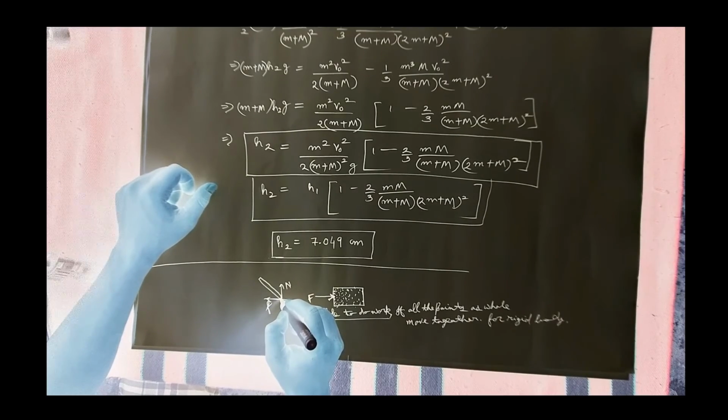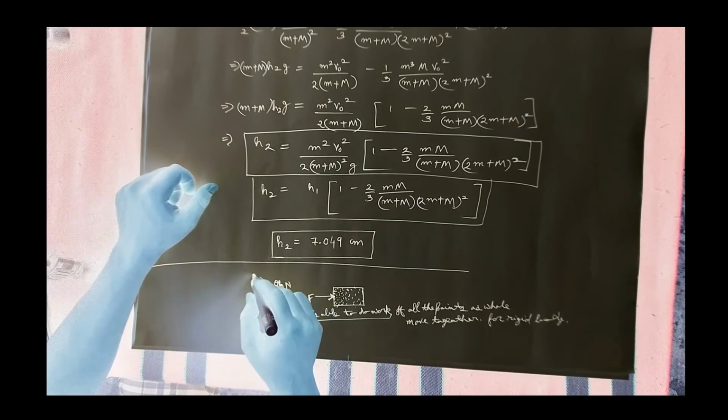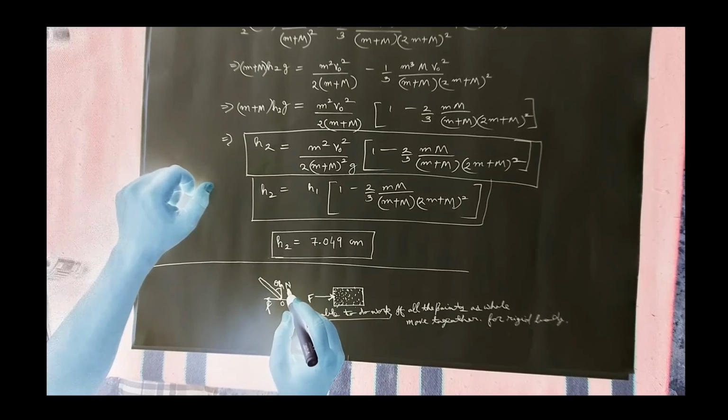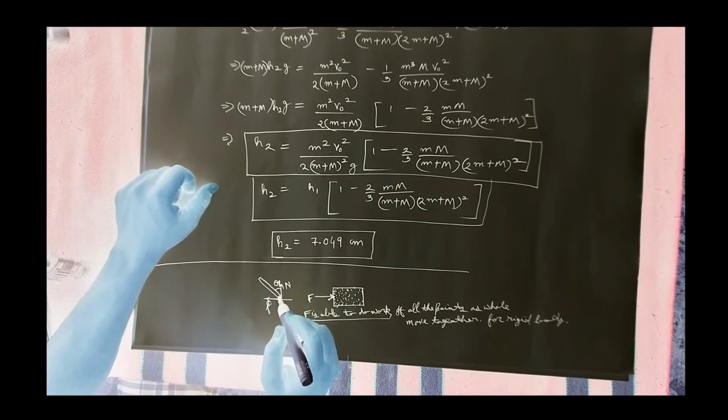Since this end is not moving until theta L, at theta L the normal reaction becomes 0, because the centrifugal force mv squared by r is greater than all the force acting radially. Till that point, this point is still.